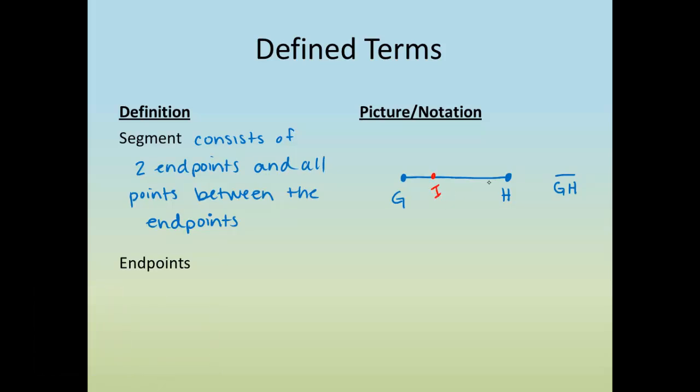There's a point I, there's a point W, there's all sorts of points on here, X, and all of the points on this segment have to fall between G and H. This makes it a segment. Well, endpoints are the points at the end. So these are the endpoints of segment GH.